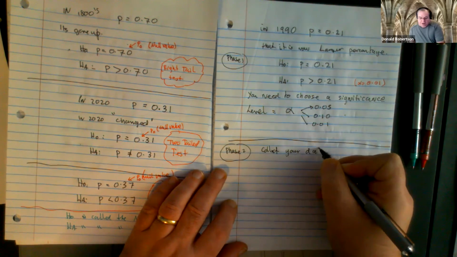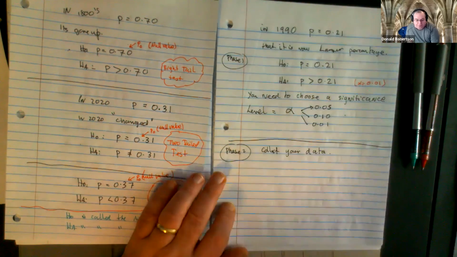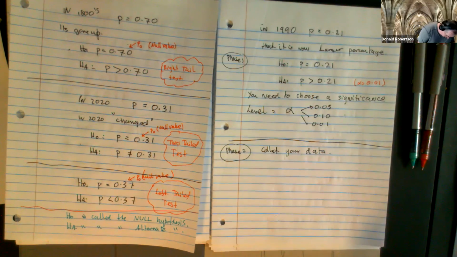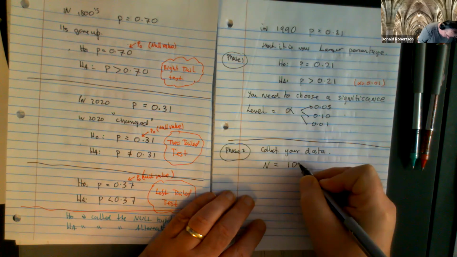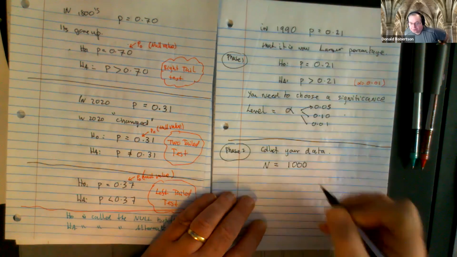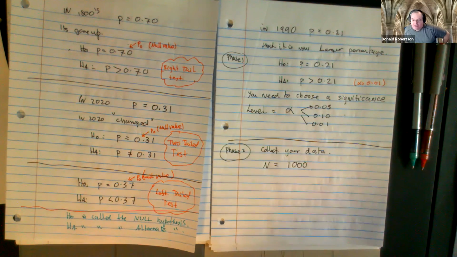And we'll assume that it's good data and unbiased. And let's say in this story, we collected a sample of 1,000 people. That's a good, decent sample, 1,000. Very common number actually for samples.